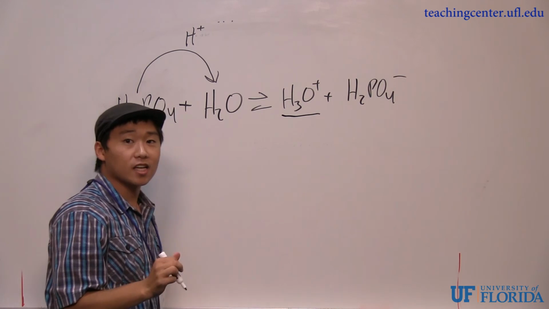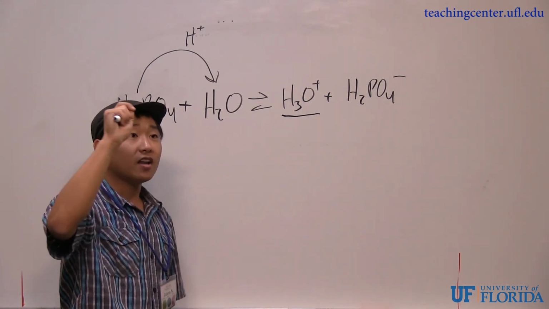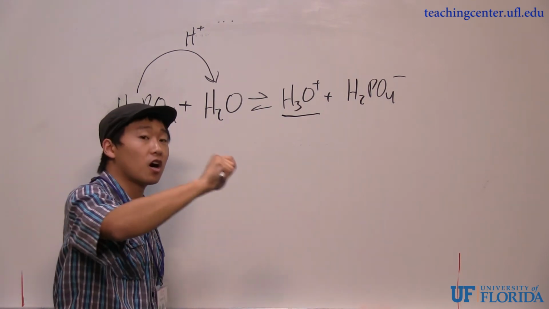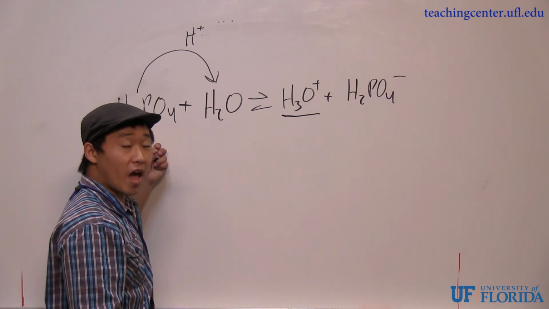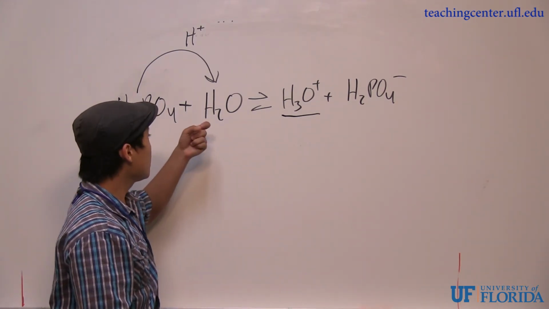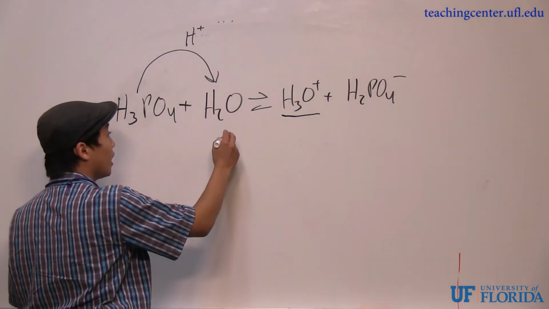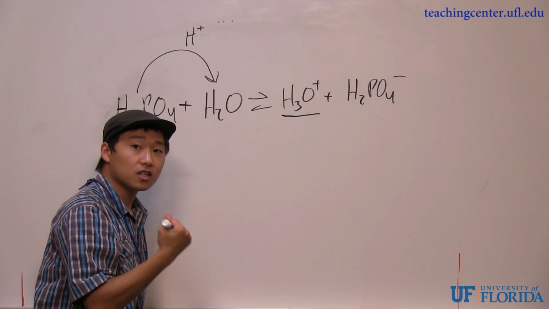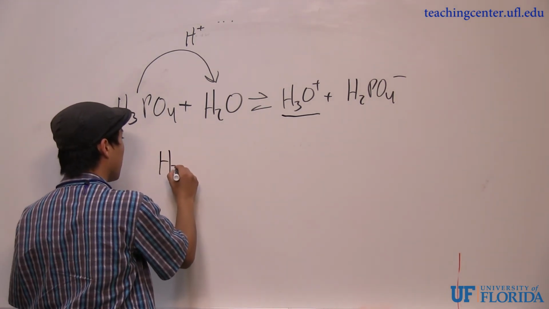Now always remember, guys, the acid becomes the conjugate base. And the base becomes the conjugate acid. So I'll say that again. The acid in an acid-base reaction always becomes the conjugate base. And the base always becomes the conjugate acid. So because H2O gained a proton, it now becomes the conjugate acid, which is H3O+.